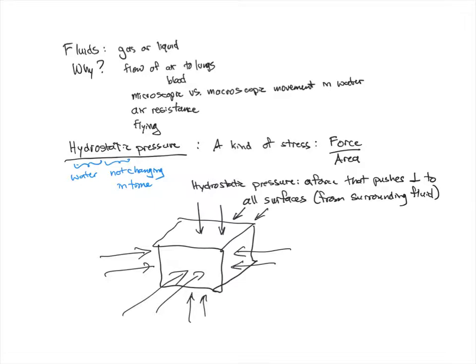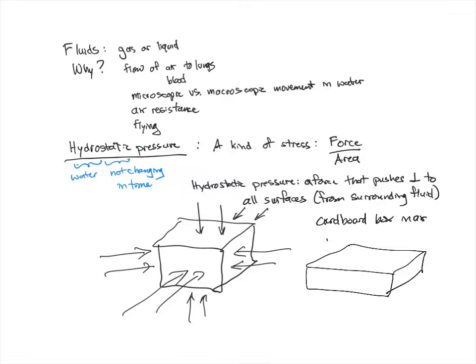So let's think about the particular example of a cardboard box in air. Let's consider a box that's shaped like this, and maybe it's 6 inches this way and 12 inches this way, and it won't matter for what we're doing, but just to be definite, let's say it's 3 inches in that direction.